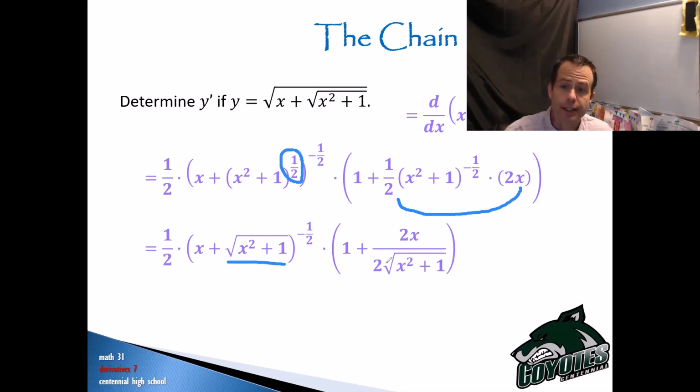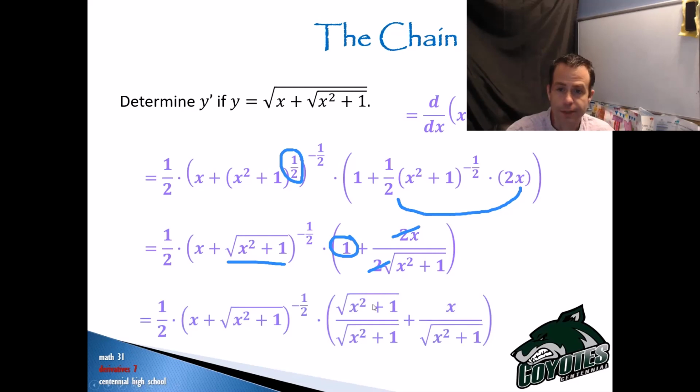The next thing to do, I can see that these 2's will simplify out on that fraction. They'll divide each other out. And probably I want that as one fraction. So I'm going to look at my 1, and I'm going to call my 1 the root of x squared plus 1 over the root of x squared plus 1. Okay. So that's all I've done there. Now I have a common denominator.